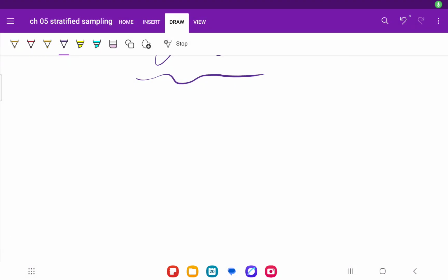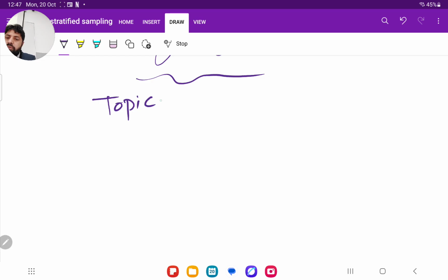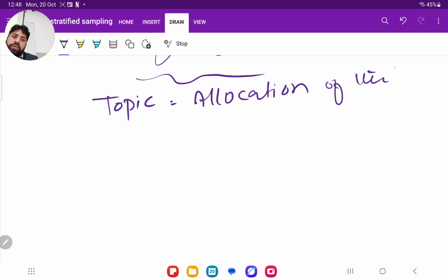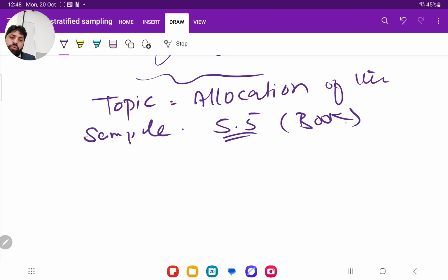So the topic name is allocation of the sample, and the topic is 5.5 from the book.